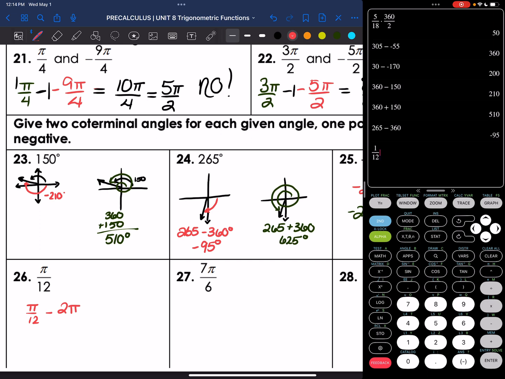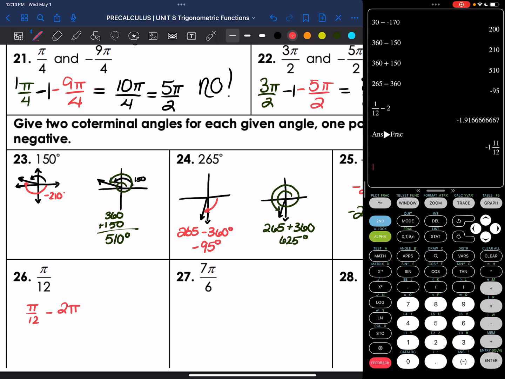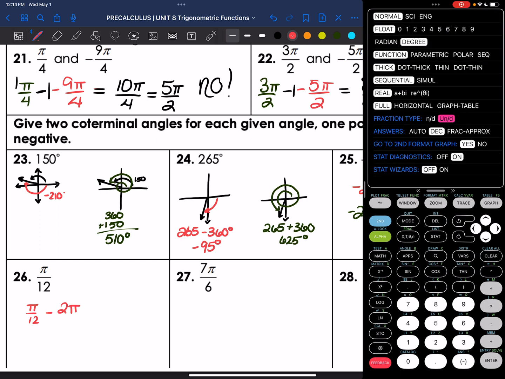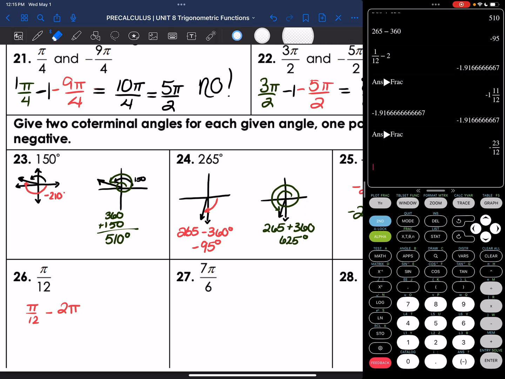And then I'm going to subtract my 2 from that. And let's have our calculator express that as a fraction. Oh man, hold on. Mode, change it to be like this. There we go. So that would be negative 23 pi over 12.